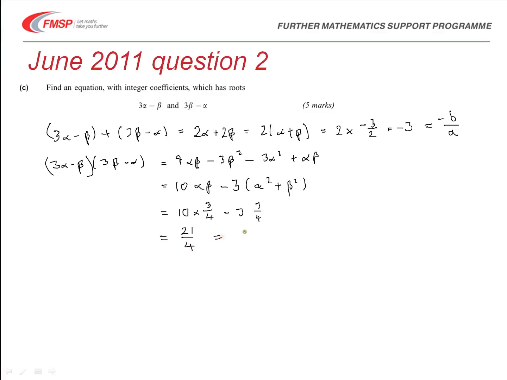And again, remembering that that is related, since it's the product of the roots, to c over a. So what can we use for a, b and c? Well, I can use a as being 4 from here, and c as 21.